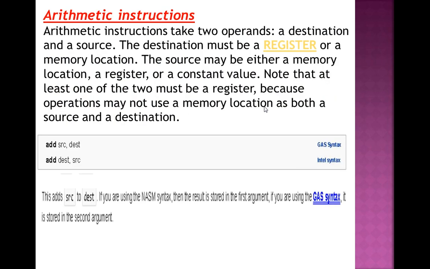Then we also discussed the multiple instructions used in x86-64. The first is arithmetic instructions, used for performing arithmetic operations like add, subtract, divide, multiply. The first is the addition operation, the ADD keyword with source and destination, and the output is always stored in the destination.